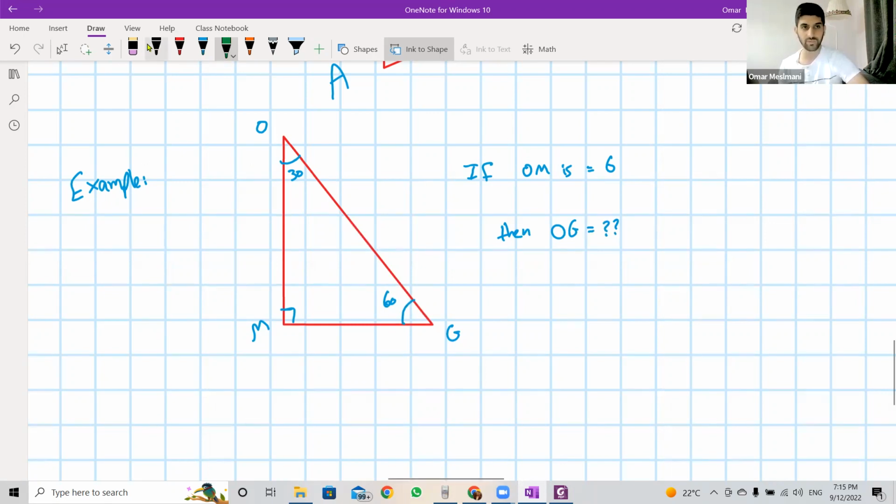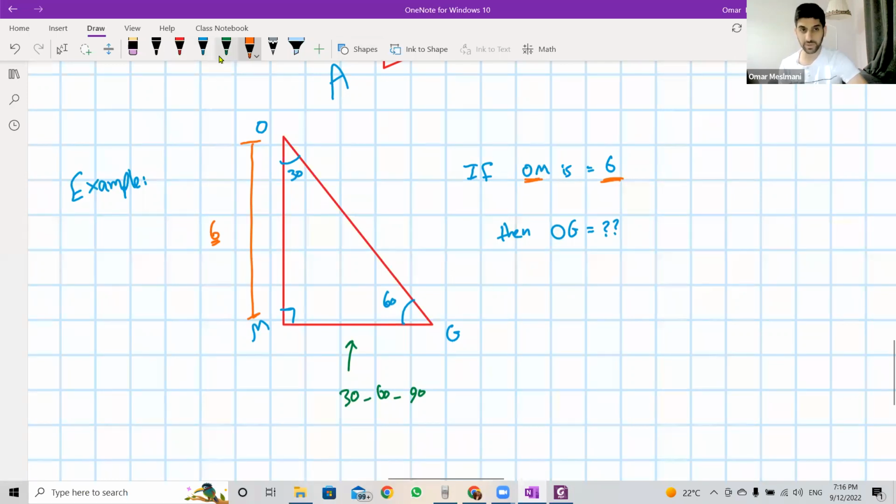Now, when I look at this triangle, I know that it is special. This is the 30, 60, 90 type. The information that he gave you, the 6, is OM.